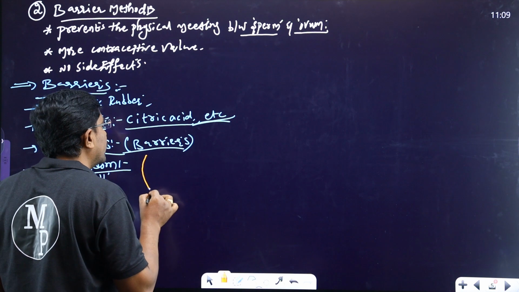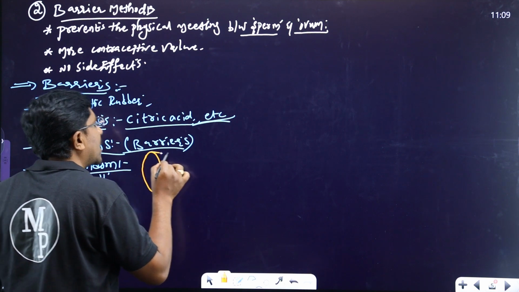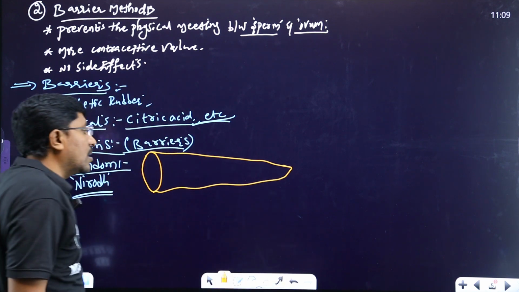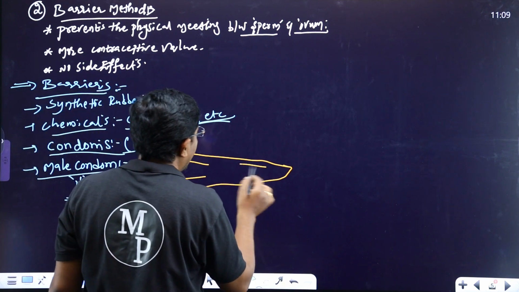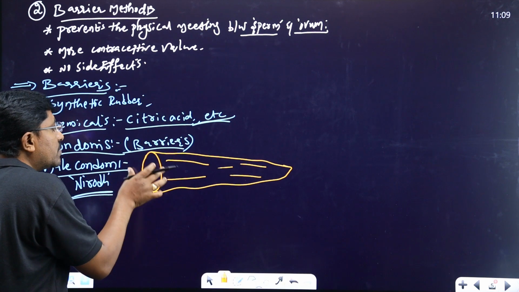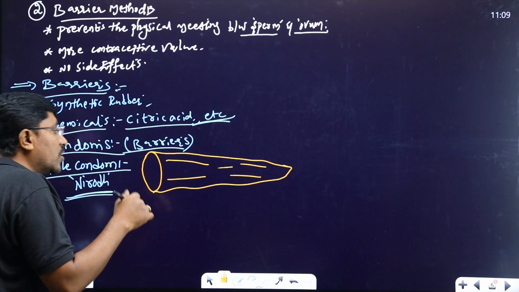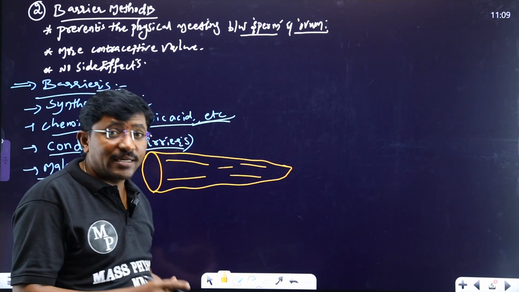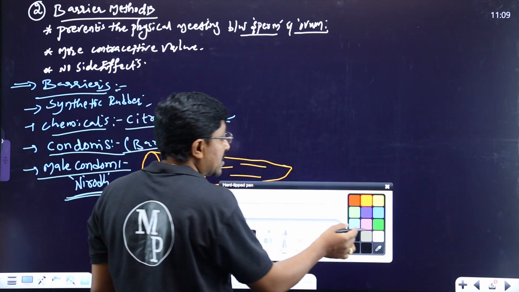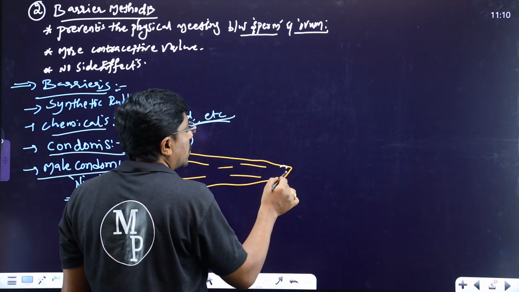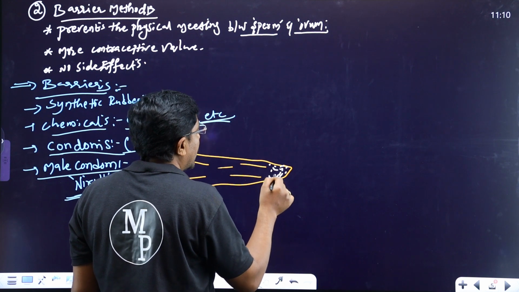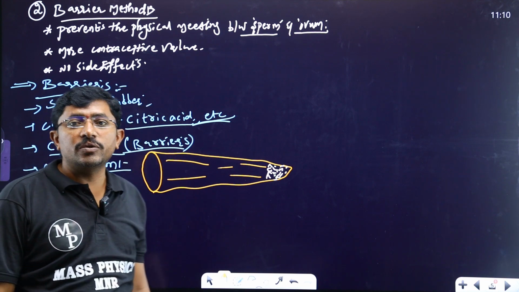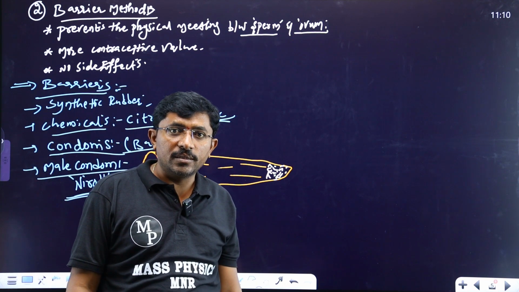This condom has a ring on one side, and the other side is closed. You insert the penis into this condom, and at the time of ejaculation, the total semen is blocked within the condom.